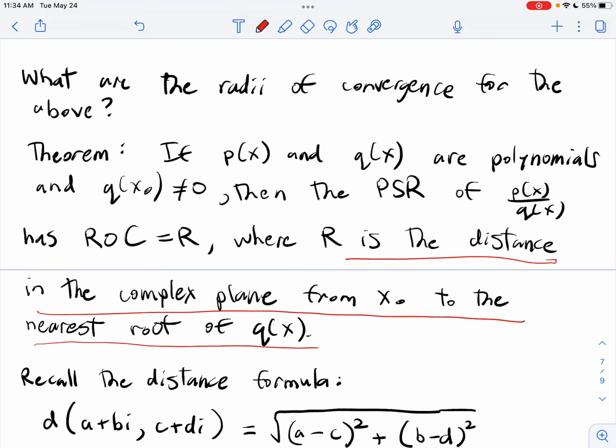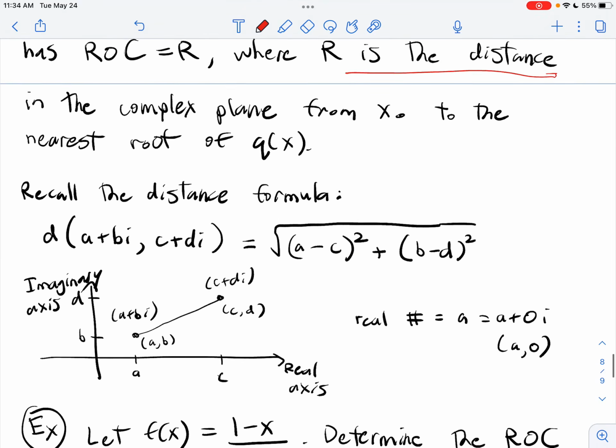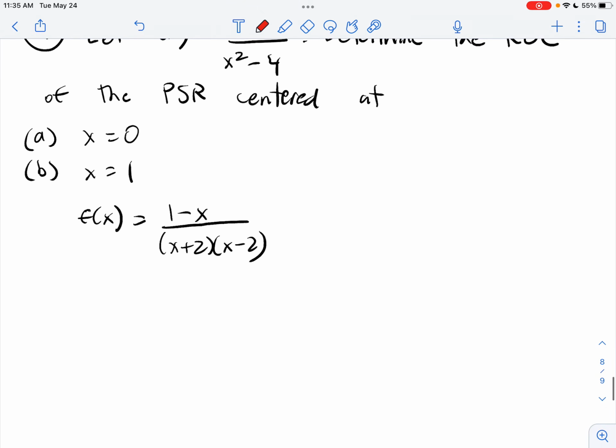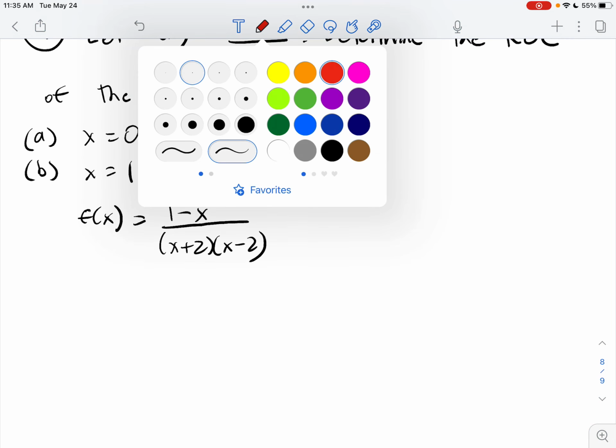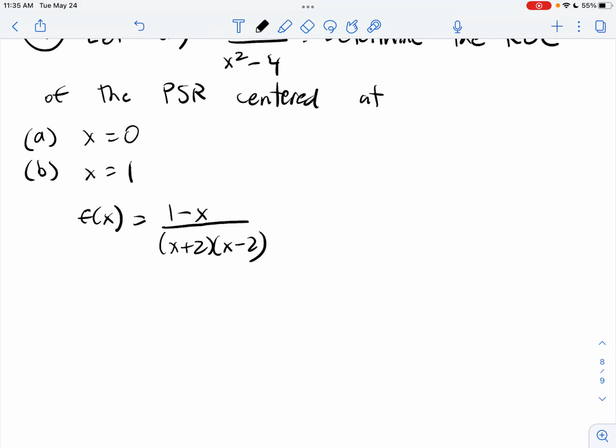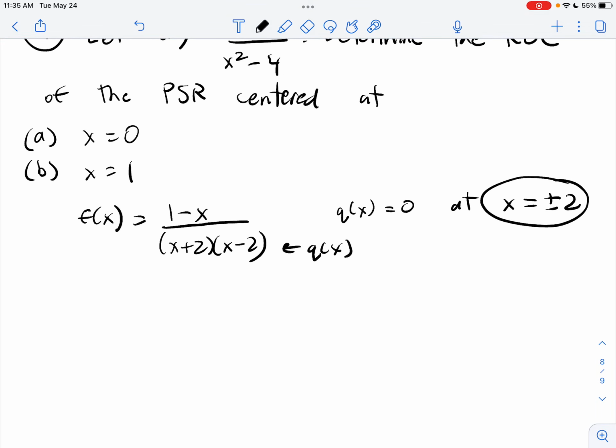So for now, though, it should be obvious. Okay, so we know that the values to check, q of x, remember q of x is the denominator, right? q of x is 0 at x equals plus or minus 2. So these are the values that we have to check, right?